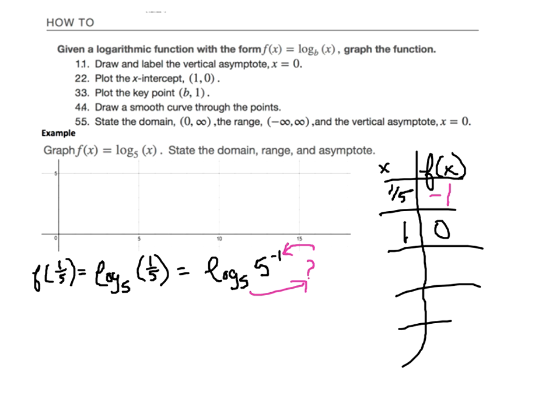So that is -1. Now I need to go greater than 1. So I'm going to choose a very nice, neat number of 5, because now f of 5 is saying, what is log base 5 of 5? In other words, what can I raise 5 to, to make 5? And that has to be 1.